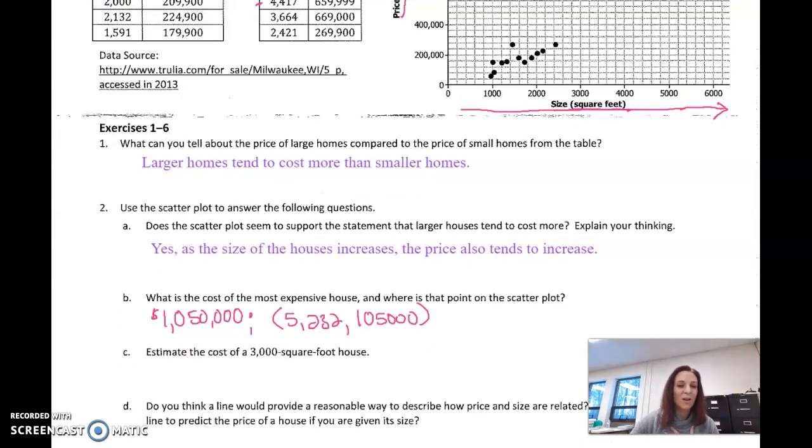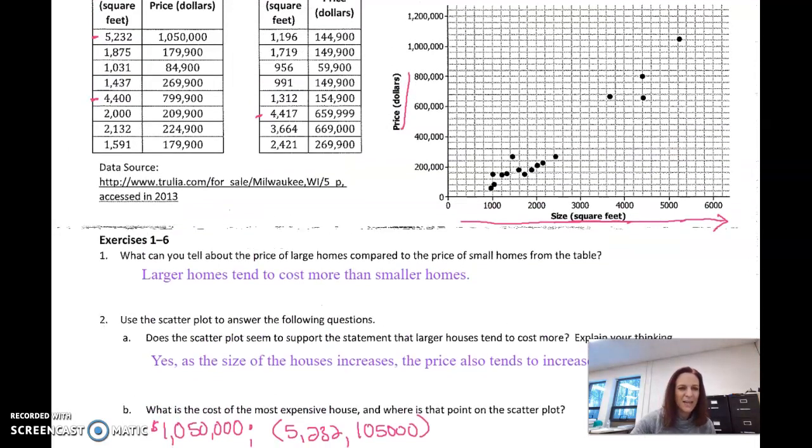Now it says estimate the cost of a 3,000 square foot house. Okay, so approximately, if I look at the table here, isn't it hard to make an approximation? I'm like, well, it's probably less than this one. There's no other 3,000 one, so I could go maybe to a 2,400 square feet, so it's going to be somewhere in there. If we look here, here's 3,000 right here, right?